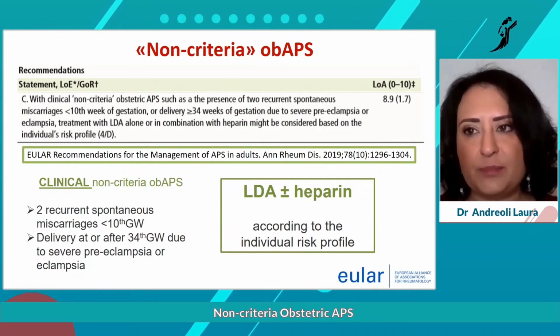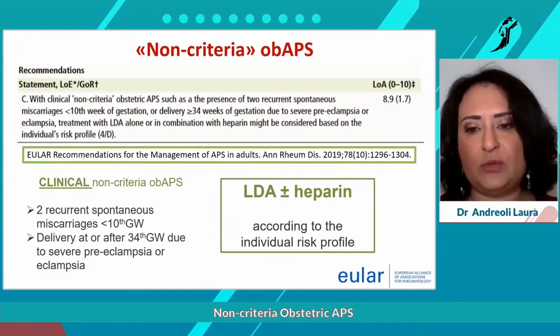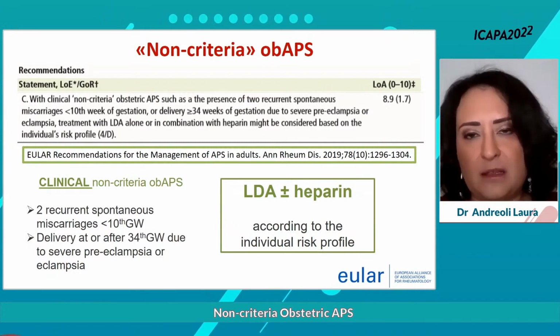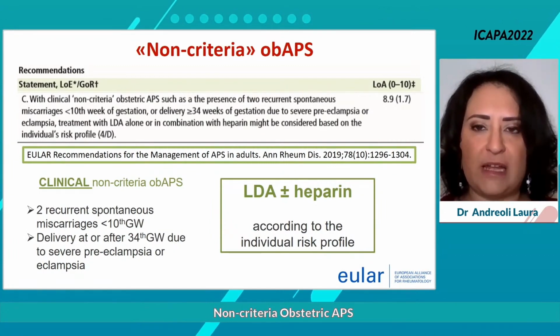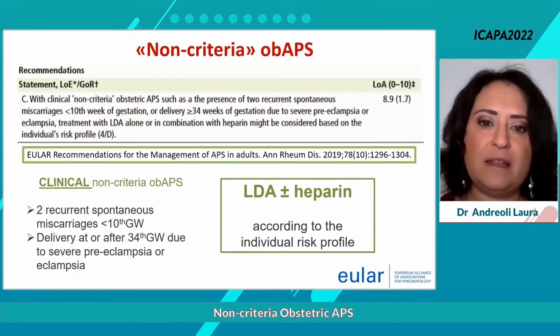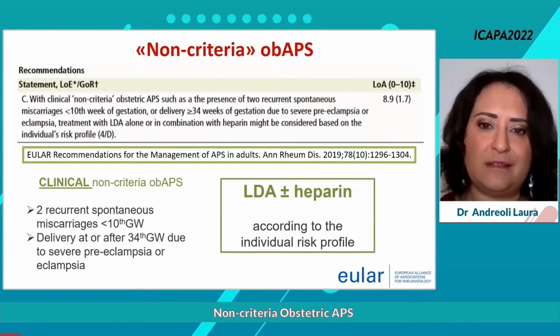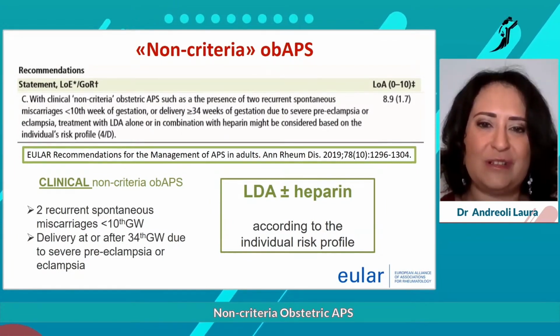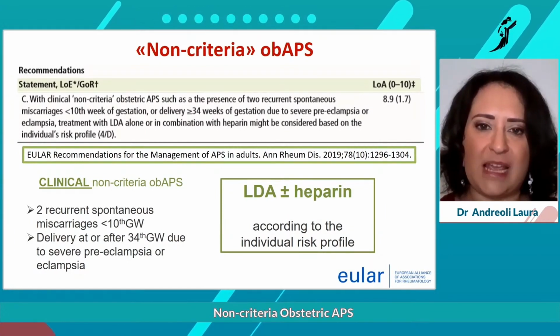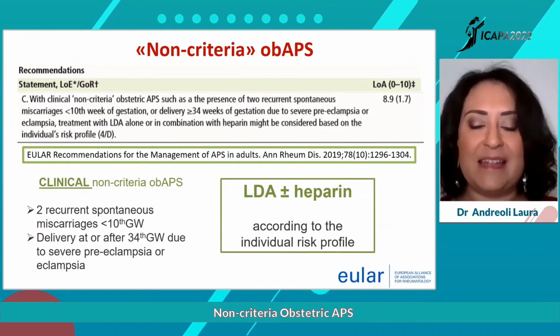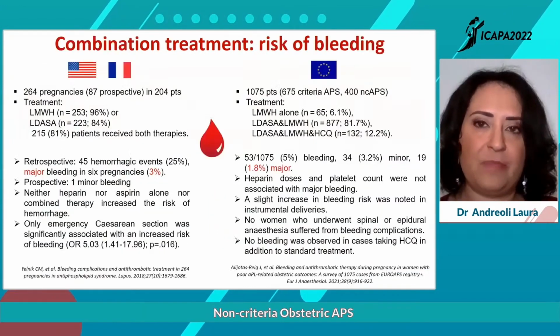And then the experts wanted to recommend to consider the use of combination treatment or also aspirin alone according to individual risk profile. So again, there is a pinpoint on the approach towards non-criteria obstetric APS as still women at risk of complications.